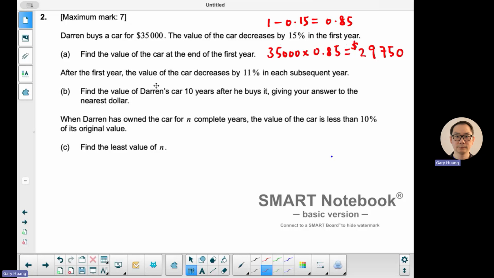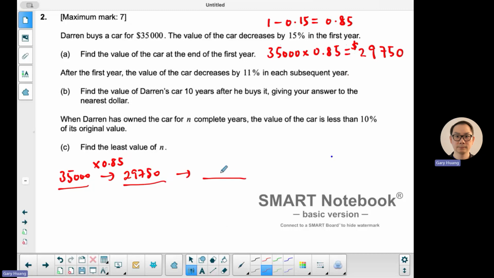After the first year, the value of the car decreased by 11% in each subsequent year. So that means we're going to have a geometric sequence from that point on, right? So the first term, then you go down by 15%, so multiply by 0.85.